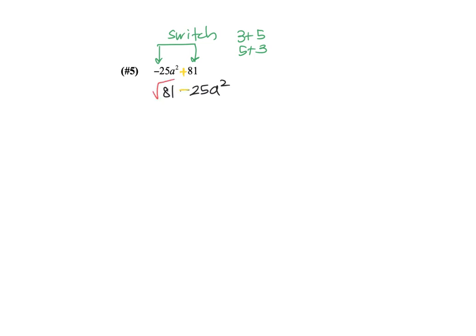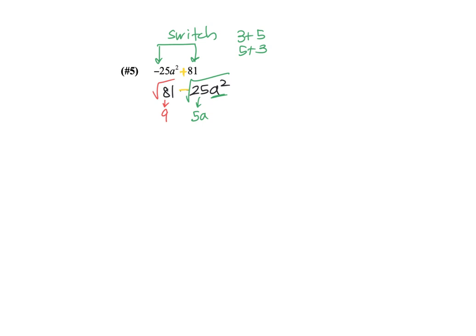Is 81 perfect? Does it have a square root? It sure does. That's 9. Is 25a squared perfect? Does it have a square root? It does. That would be 5, but not just 5, 5a.